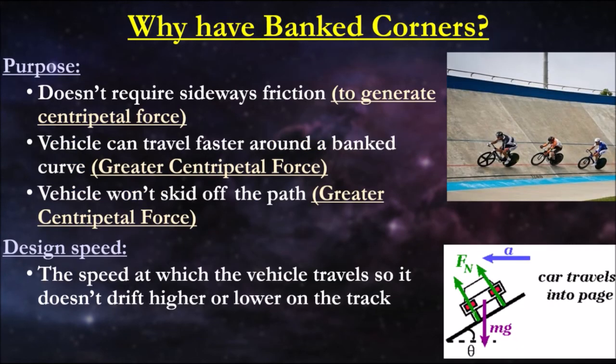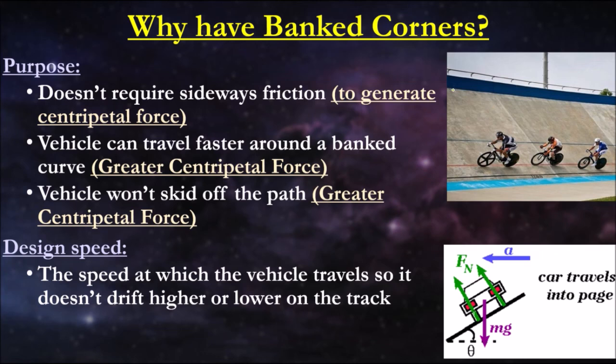Okay, so what's the purpose of using banked curves? Well, banked curves don't require sideways friction to generate centripetal force. The curve itself is going to pull the object down, assuming there's no friction on it. That means vehicles can travel a lot faster around a banked curve, and the vehicle won't skid off path. That's the reason we design particular courses as banked curves.